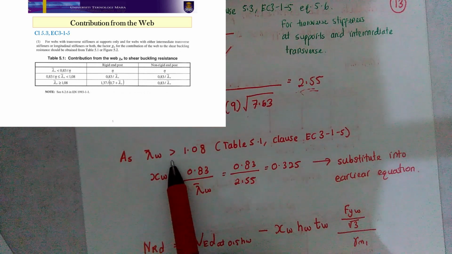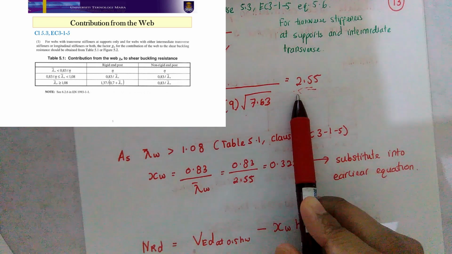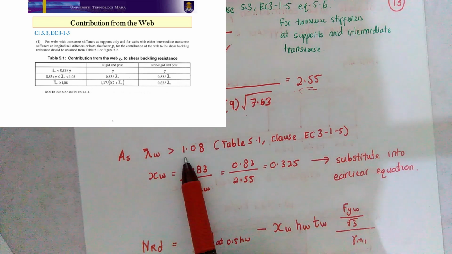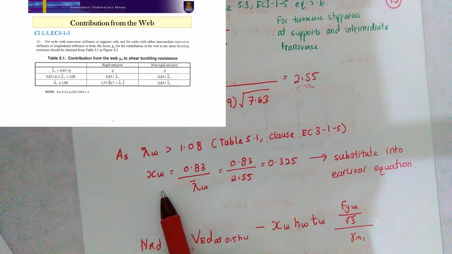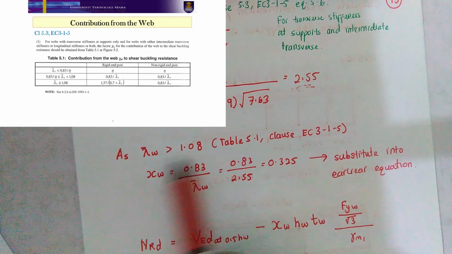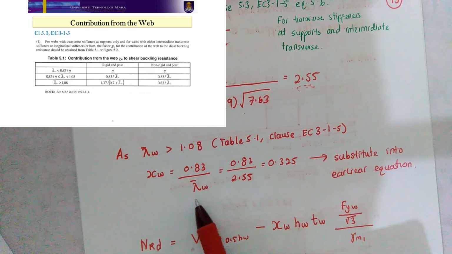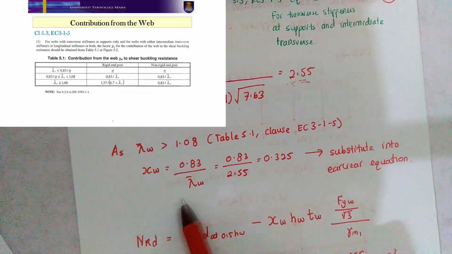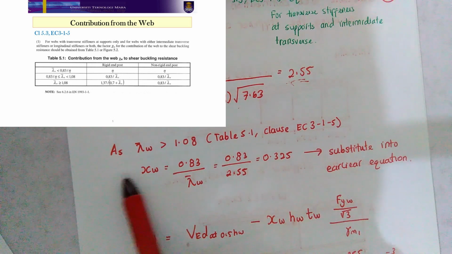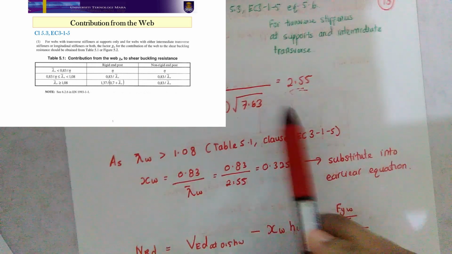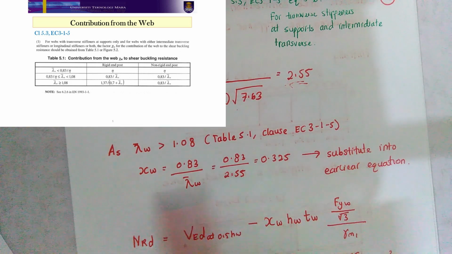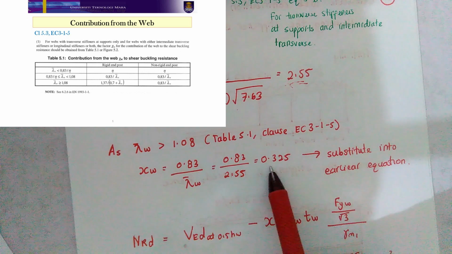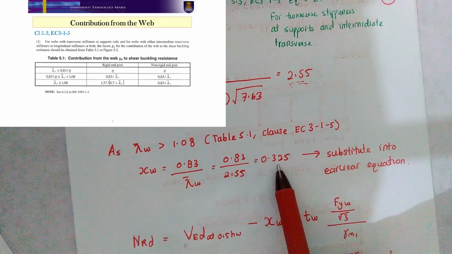In these conditions, your lambda 2.55 is larger than 1.08. Therefore, in your equations, for the non-rigid end post, you need to use the criteria in row 3. So when you insert the value, lambda w 2.55, you finally calculate the contribution factor as 0.325.